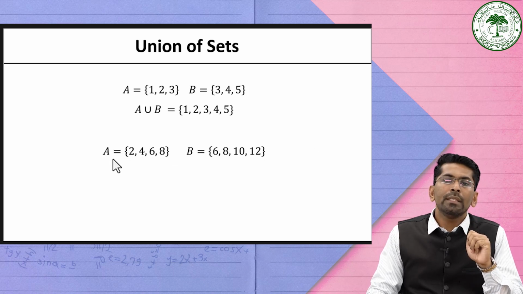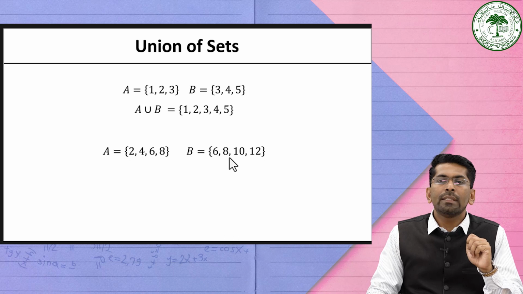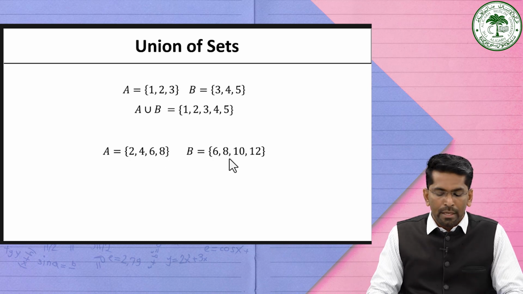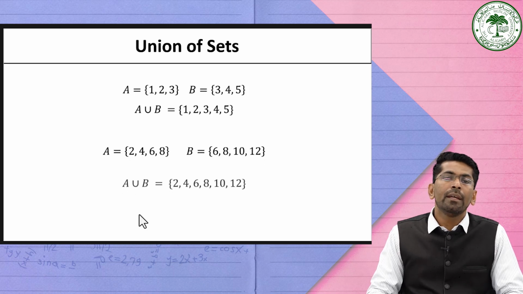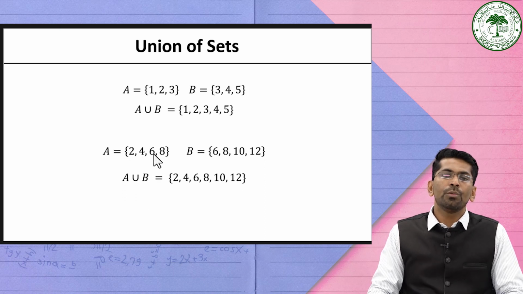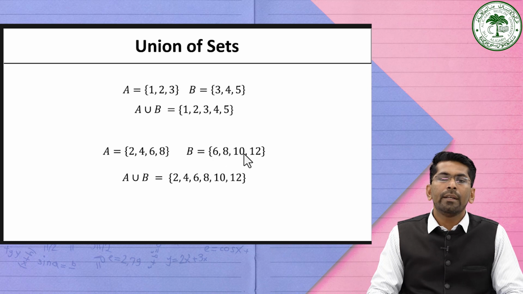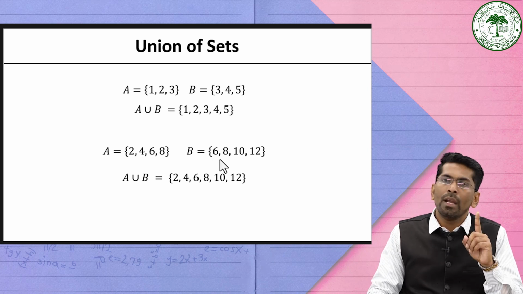Therefore, here we have the elements 2, 4, 6 and 8 from set A and the elements 6, 8, 10 and 12 from set B. And the common elements here, 6 and 8, are included only once while we are calculating the union of sets. So we can write A union B as {2, 4, 6, 8, 10, 12}. 6 and 8 will be written only once.